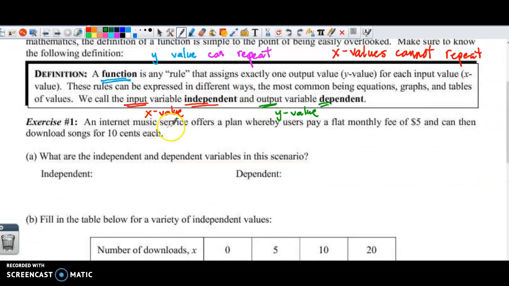An internet music service offers a plan whereby users pay a flat monthly fee of $5 and can download songs for 10 cents each. So as far as the variables go, a lot of times what we decide is the independent variable would be whether you're considering songs that they can download or the fee that they have, or how much money you spend.